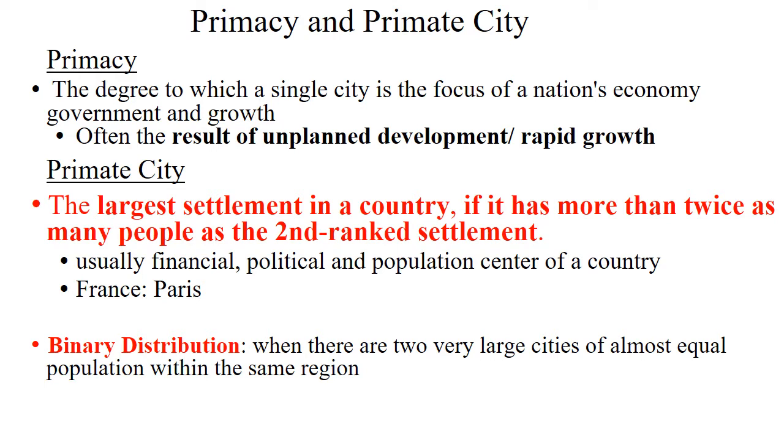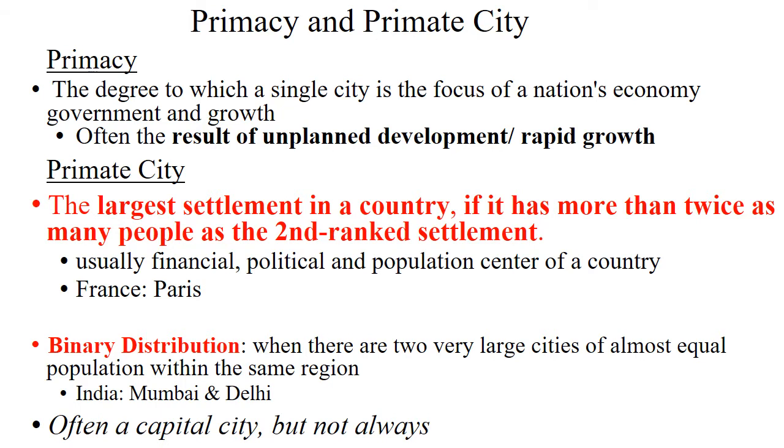When that happens, that's called binary primacy or binary distribution. A good example might be India, where the cities of Mumbai and Delhi, with Delhi usually having 16.5 million, and Mumbai being similar, about 17 or 18 million people, are pretty close, so you don't see that big drop-off. We would refer to that as binary primacy or a binary distribution.